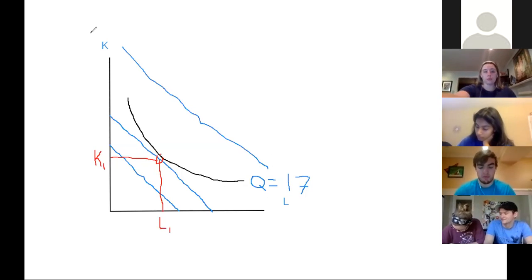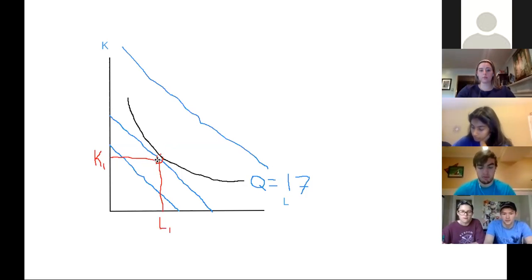Okay. Now, what determines this point? Well, a key determinant of that point is the slope of the isocost line, just like the slope of a budget line is a key determinant of the consumer equilibrium point. Does anyone remember what the slope of an isocost line is?